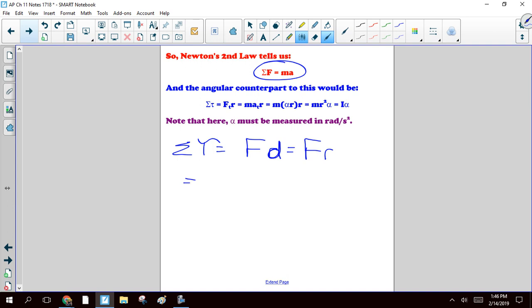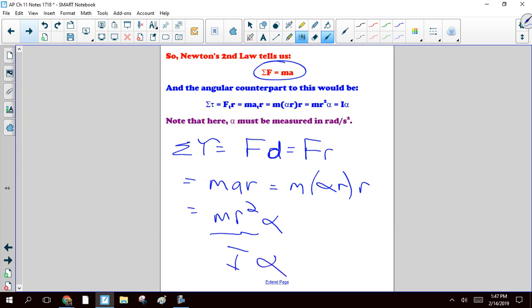Now if that force is your net force, then you get mass times acceleration times radius. Acceleration is just alpha times radius, so now we've got m r squared alpha. Notice this is just your rotational inertia, and this is your alpha. So there you go, that's your net torque. It's kind of a sloppy proof.